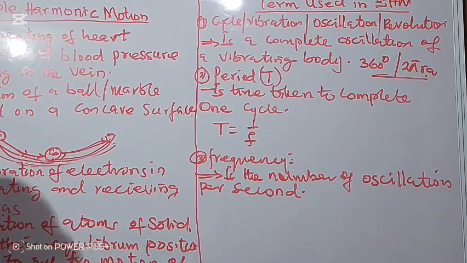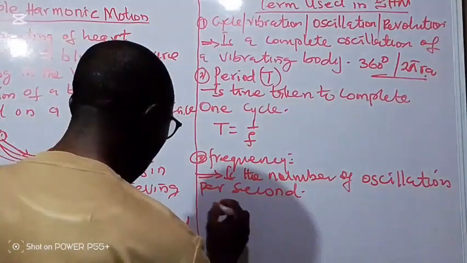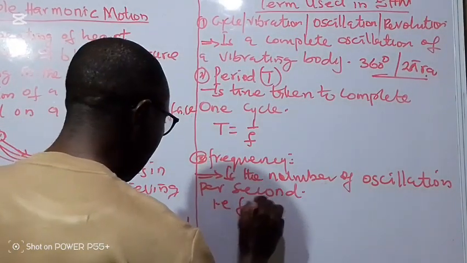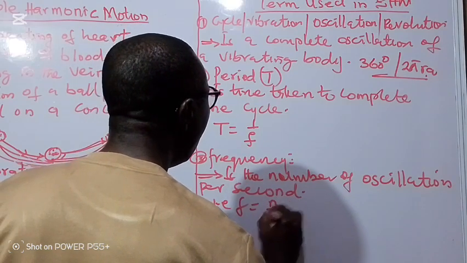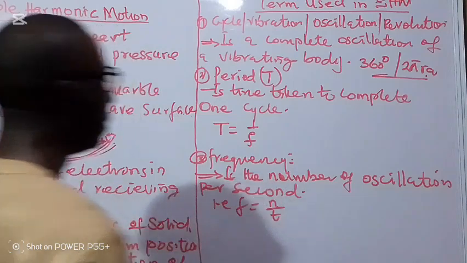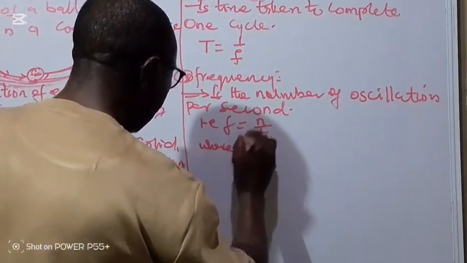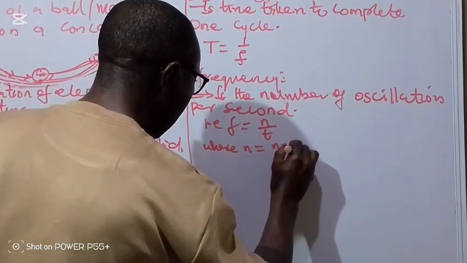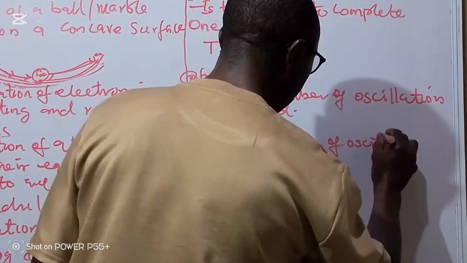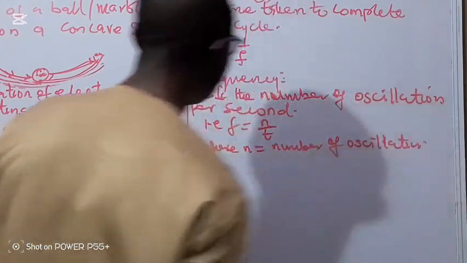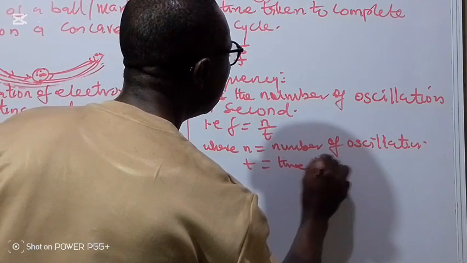That is, the number of oscillations per second is what is meant by frequency. Frequency F will be equal to N over T, where N is the number of oscillations or number of cycles, and T is the time taken.